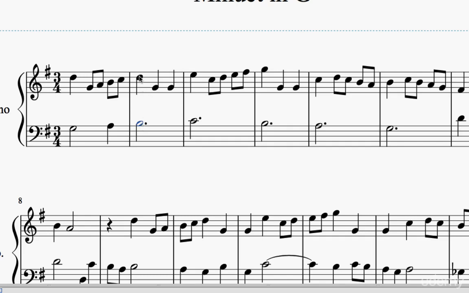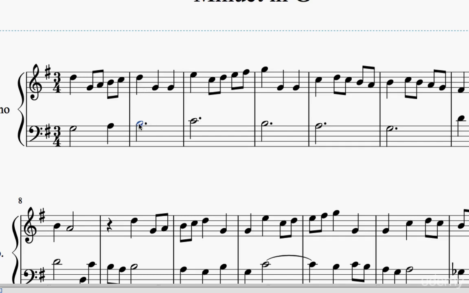So we have a B, D, and a G, and we have a G on beat 2 and beat 3. This G is taking up a majority of the measure, right? So that's probably not right, because we would expect an F sharp if this was a B. Let's see if we can find something else that works.